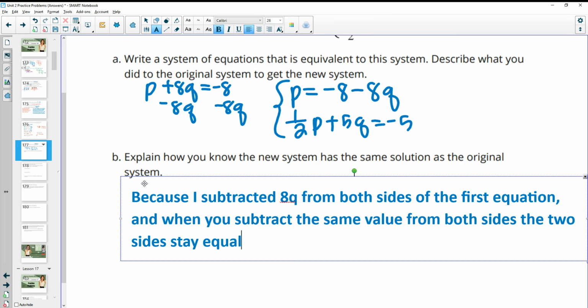Because we subtracted the same thing from both sides. So if they started equal, they're going to remain equal because we subtracted the same thing. Therefore the solution won't change. So again, what you do in part A is totally up to you. And then you would just explain in part B why what you did in part A works.